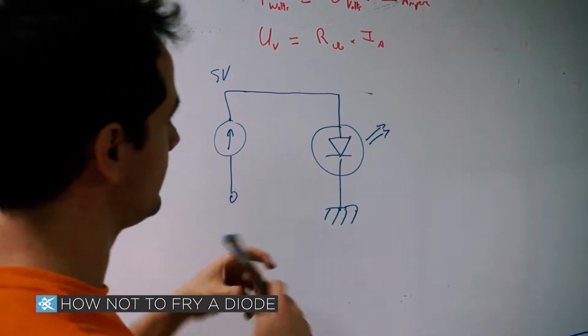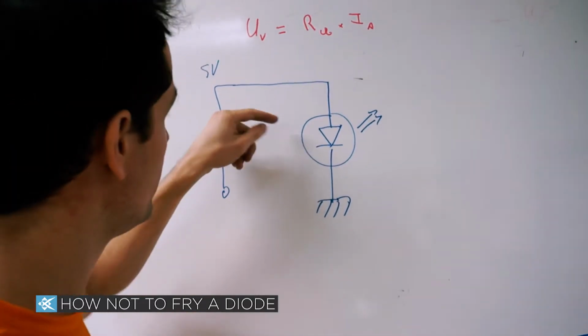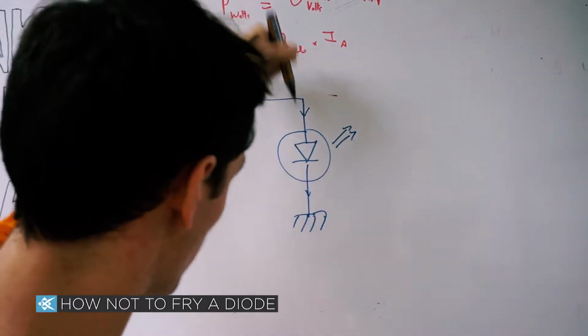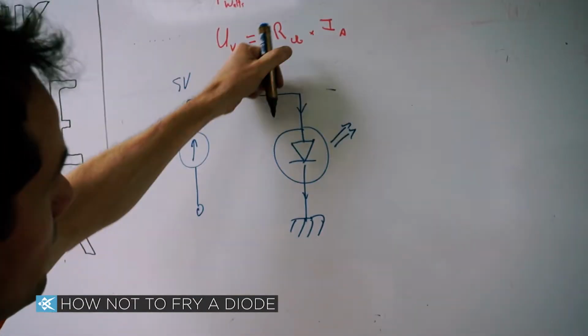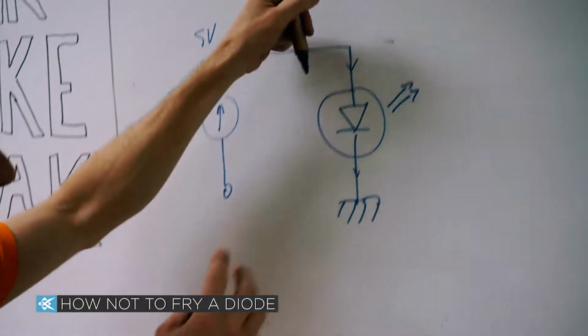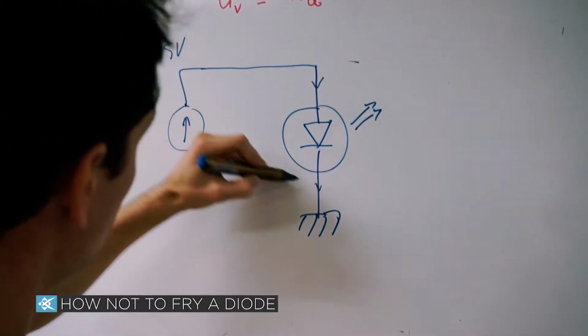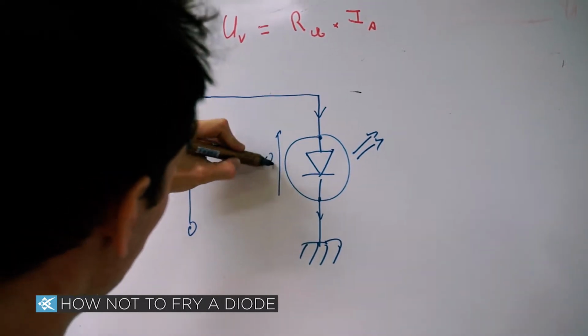The way they work is that the current goes one way, but not the other. They open for the current going in this direction and they close for the current going the other way. And you can make a good approximation to say that when the current goes through them, the voltage between that point and that point is going to be 0.7 volts.